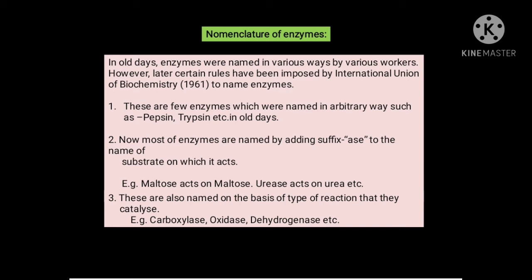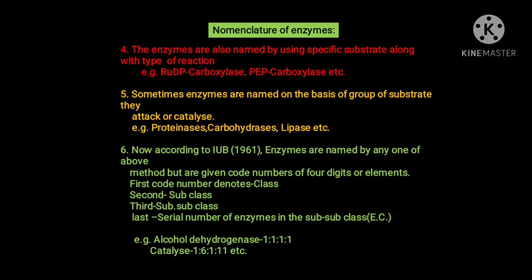The third way: enzymes are also named on the basis of the type of reactions that they catalyze. For example, carboxylase, oxidase, dehydrogenase. In another way, the enzymes are also named by using the specific substrate along with the type of reaction. For example, oxaloacetic carboxylase or PEP carboxylase.